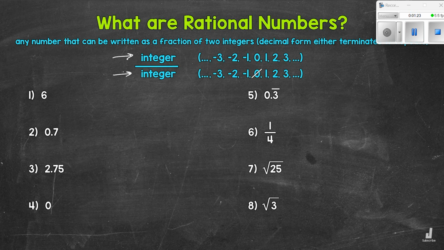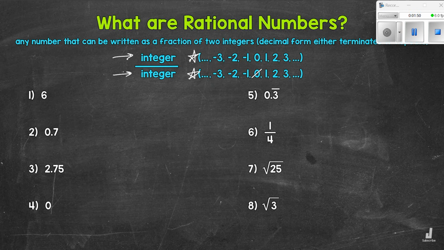Now remember, integers include positive and negative numbers and zero. Decimals and fractions are not included. Now, one thing I do want to mention, the denominator cannot be zero because that will give us a value that is undefined. That's why zero is crossed off for the denominator. So something to keep in mind.